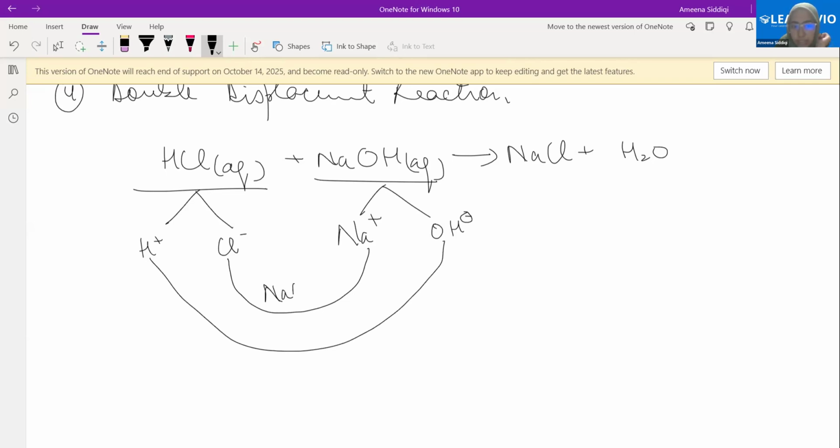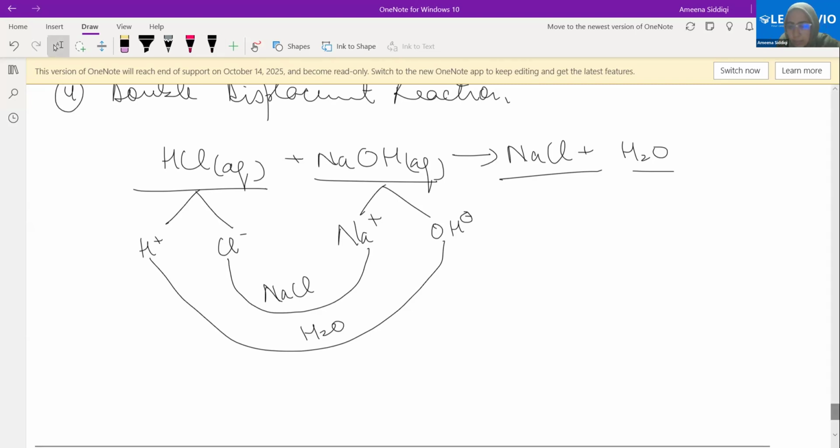Therefore, what is formed here? Can you see NaCl and H2O? H plus plus OH minus gives you H2O. Na plus plus Cl minus gives you NaCl. These are the products that we get, after the exchange of ions. And how does this happen? Because double displacement is taking place. Is that clear? Yes, ma'am.